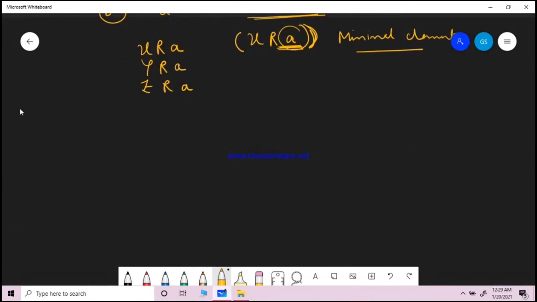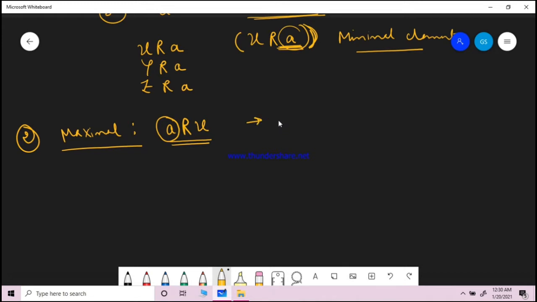Now I'll tell you what a maximal element is. The simple condition is that if an element is not related to any other element, then it is called a maximal element. Meaning A related to X, this condition never appears. Meaning A never appears on the left hand side. Meaning A is not related to any other element in the set. Then A is the maximal one. This is only the definition.